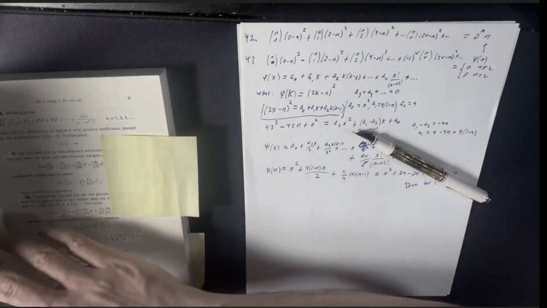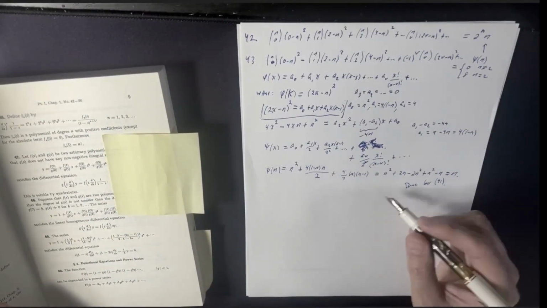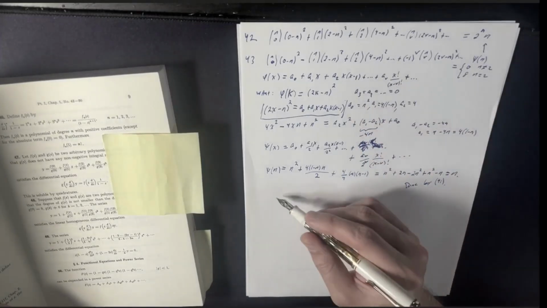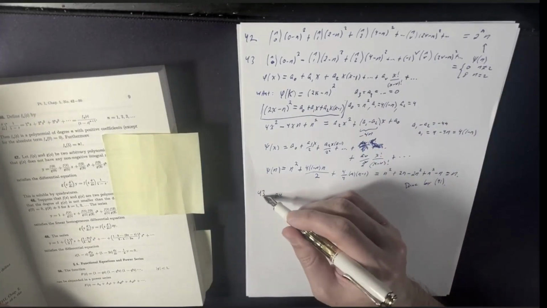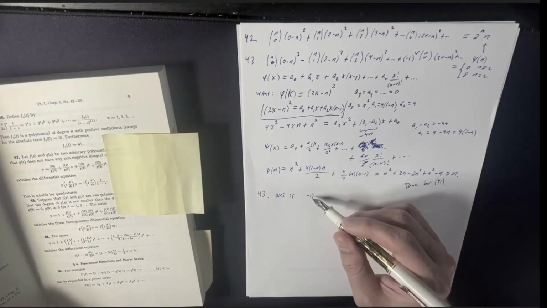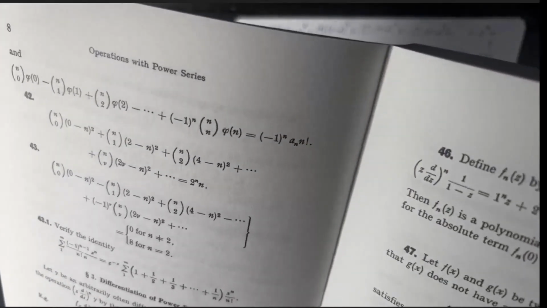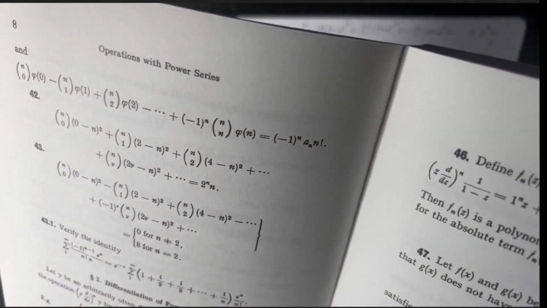On 41, the right-hand side is supposed to be alternating, like when you do the alternating business. So for 43, the right-hand side would be, I realize you can't see it, but it's there, up top here. When you do the alternating business, you get (-1) to the n, a_n times n factorial.